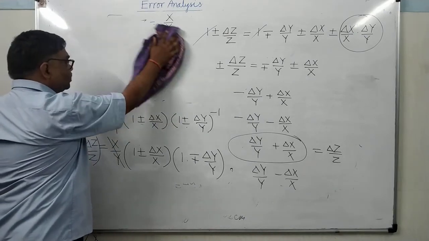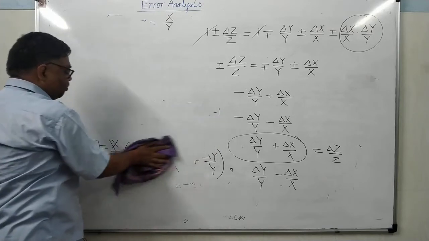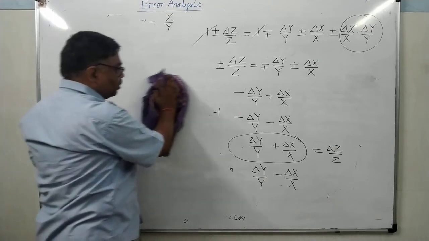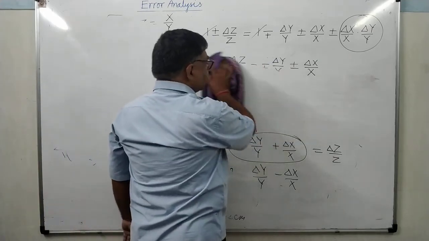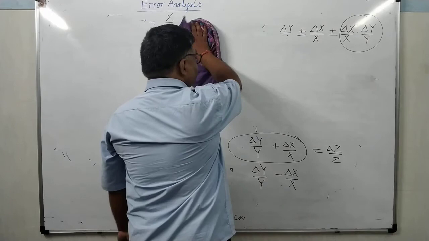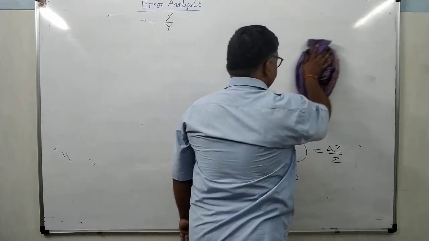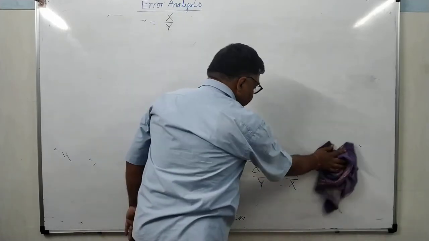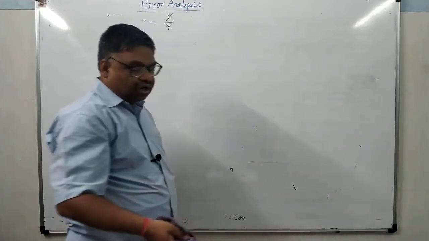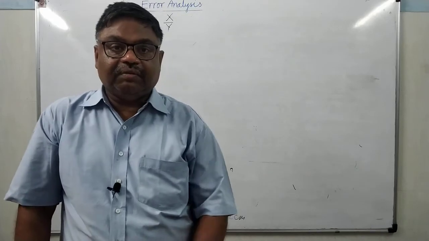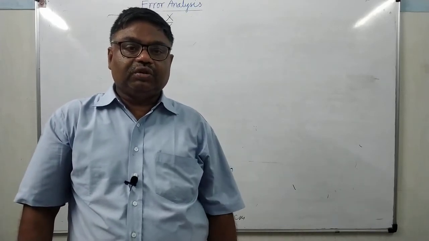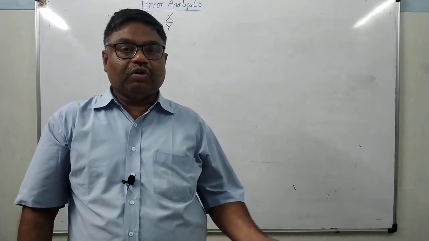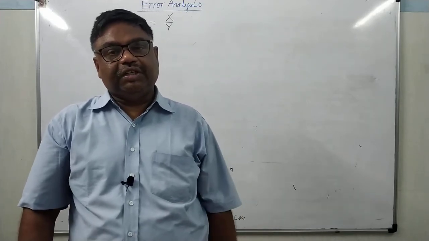When the final result is obtained by multiplying or dividing the measured values, then the maximum permissible relative error in the final quantity will be equal to the sum of the relative errors in the measured values. Or in case of percentage error, because relative error, so it will also be equal to the sum of the percentage errors in the measured values.